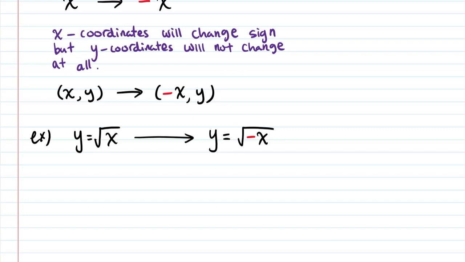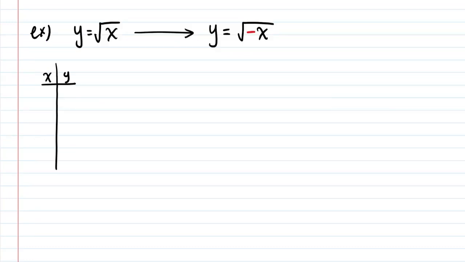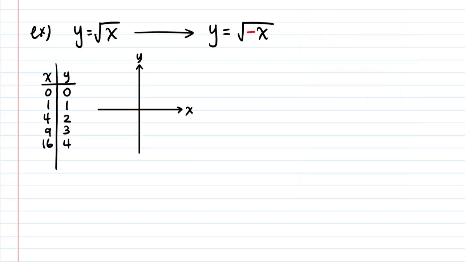So start with the table values: 0, 1, 4, 9, 16, for example. When you take the square root of these x values, the y will be 0, 1, 2, 3, and 4. We're going to plot those points on the grid. So we're going to sketch the graph: 0 and 0, 1 and 1, 4 and 2.